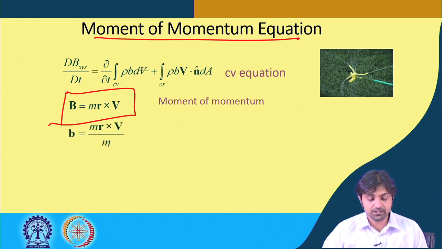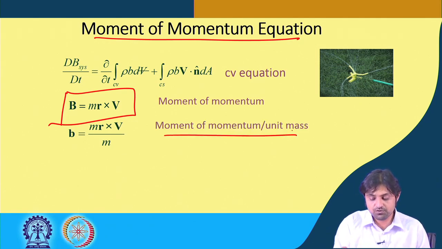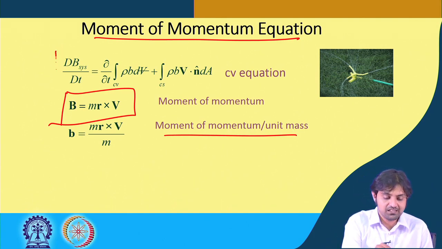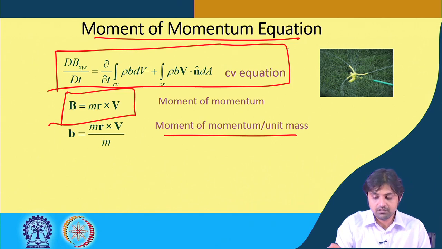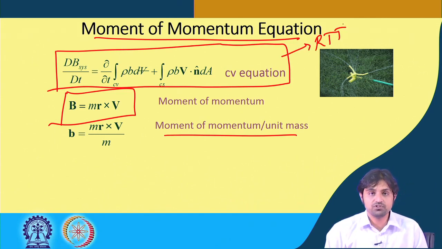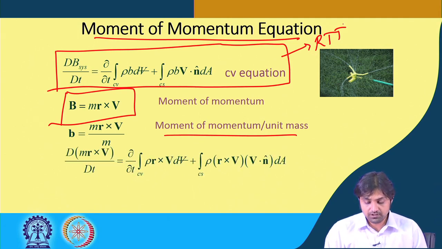This r is actually nothing but gamma, and small b will be m r into v by m, so moment of momentum per unit mass. The message here is that this equation, the Reynolds transport theorem, can be used to derive any of these conservation principles.